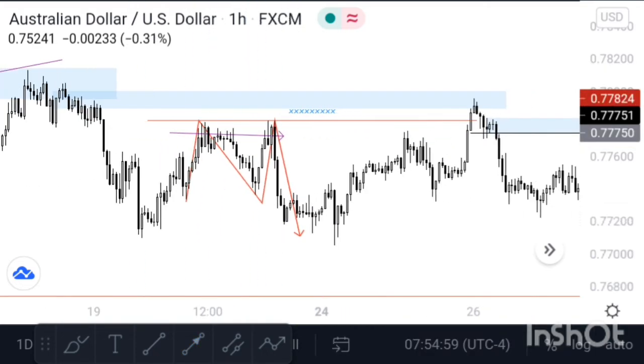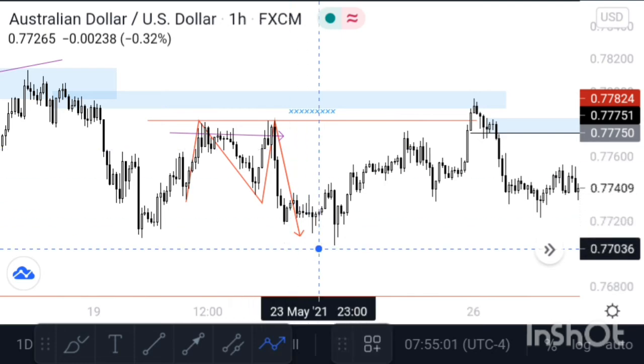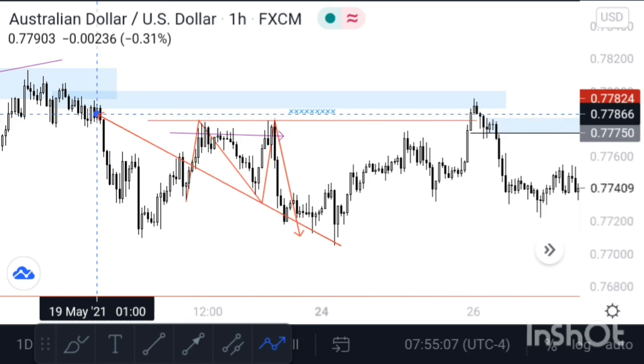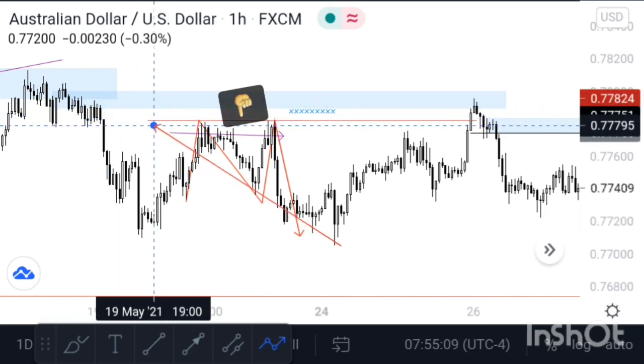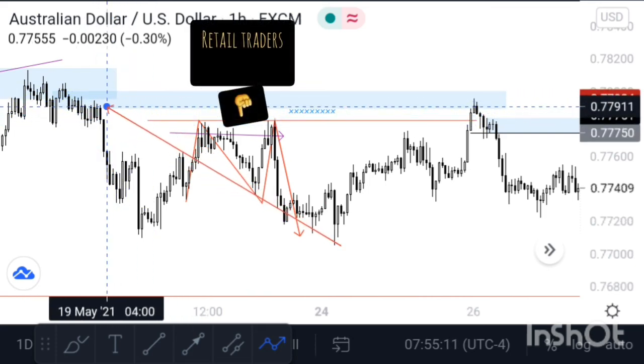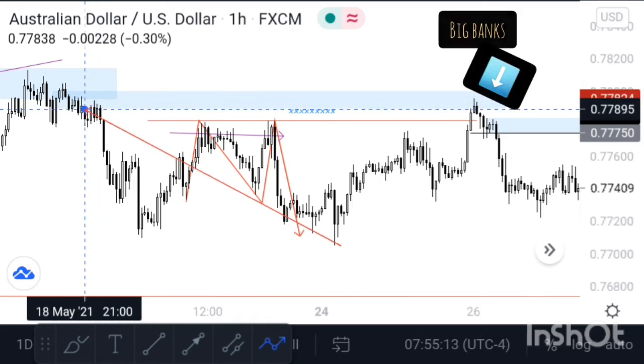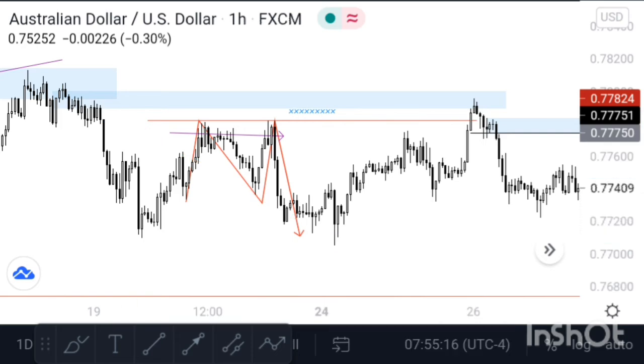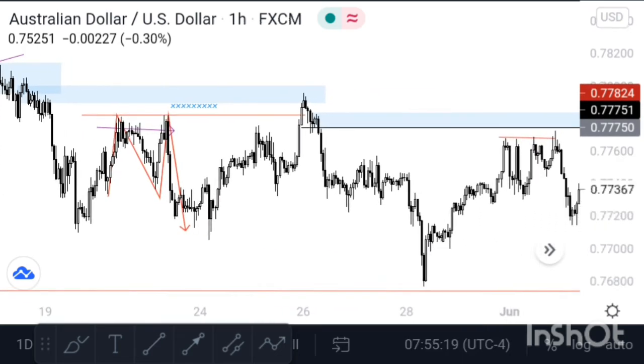Then it must come back to take out those early sellers, and then it will test in a correct zone or IFC. If you go to a smaller time frame, you can see the zone clearly.